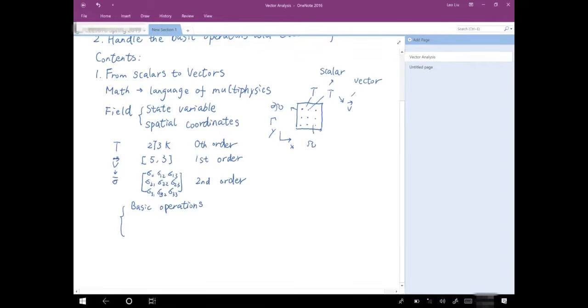When we talk about basic operations, we have addition, subtraction, multiplication, and division, right? If we are talking about the basic operations of scalars, that is the study of arithmetic.